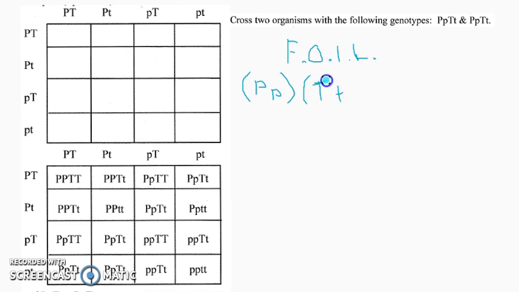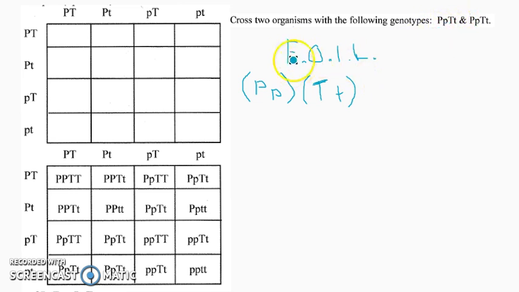Being really careful always with capital letters to make sure that if they look similar to the lowercase, that we make sure that we differentiate there. And so what we're going to do is use this method here. So again, we're trying to take this, we'll just divide it up in half between one genotype and the other because we're looking at two different traits here.